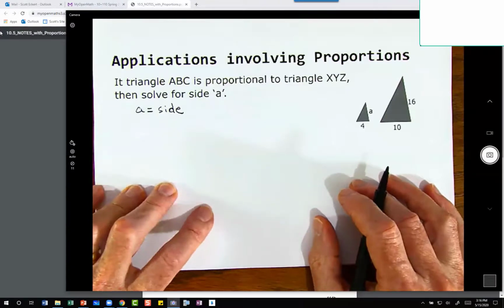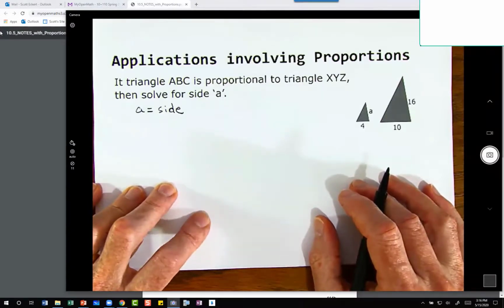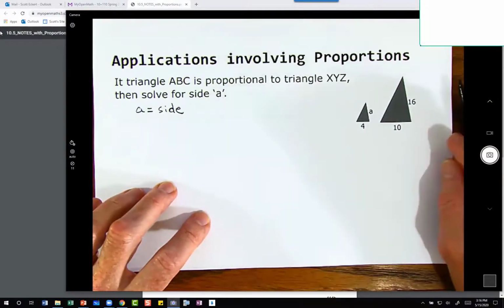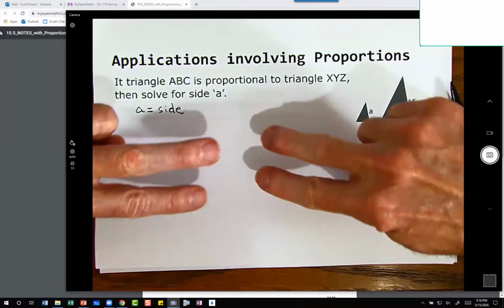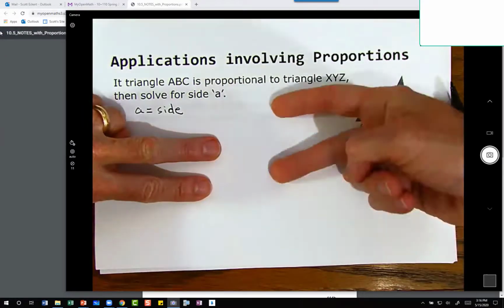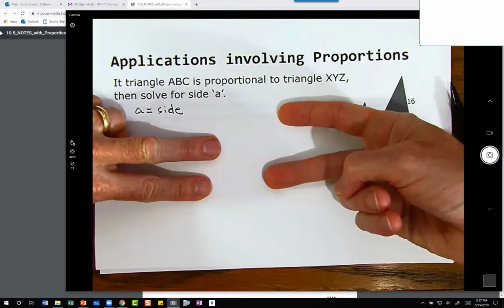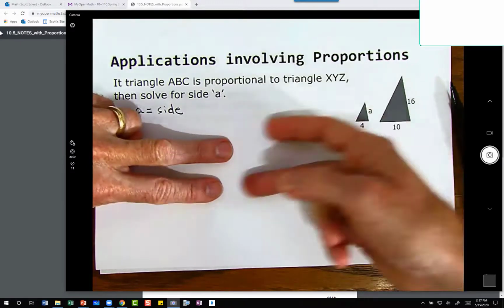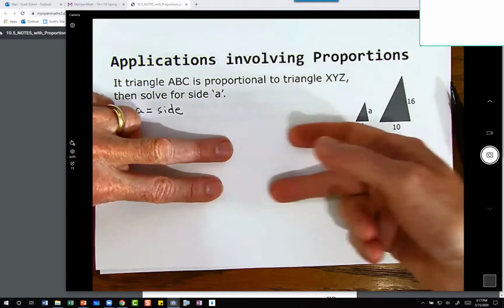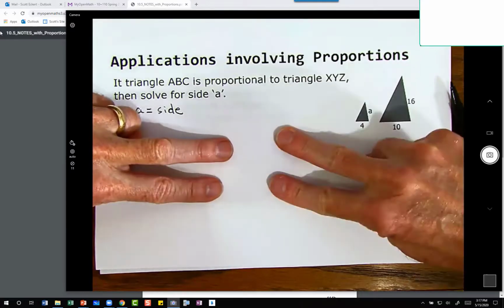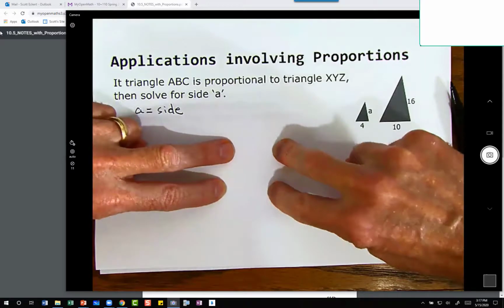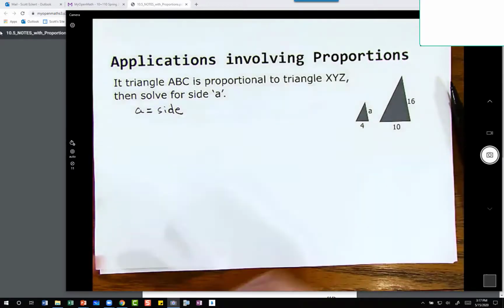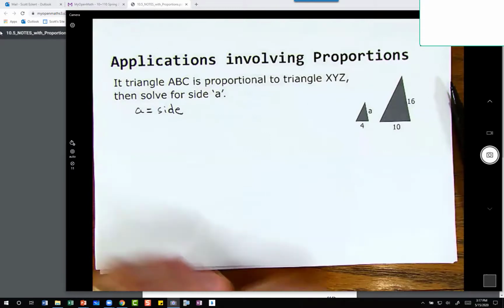But we have another thing we need to get clear on. Because with proportions, you got two fractions. And you can have two fractions, but what if one of them is upside down? If you have one fraction one way and the other one is upside down, your equation will be wrong. And so in order to get them both the same way, you need to establish in your mind what goes on top, what goes on the bottom.